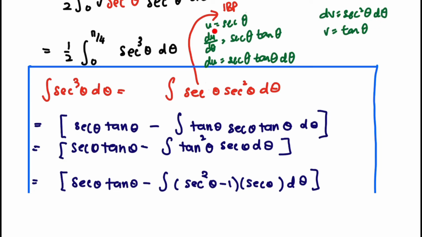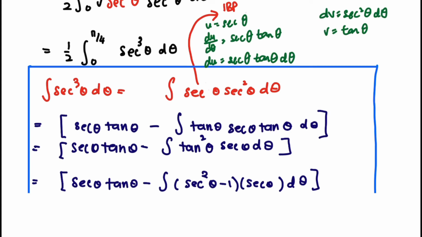Let's differentiate: du over d theta is just secant theta tangent theta, so du is secant theta tangent theta d theta. And from here, dv is secant squared theta d theta, therefore v is just tangent theta. Now we are ready to open up the IBP, which is uv minus the integral of v du. So just write it here.